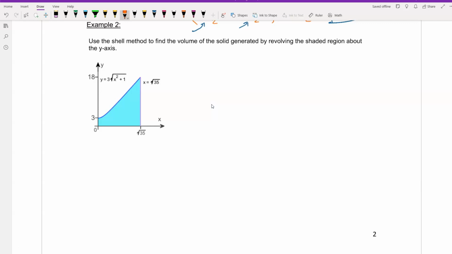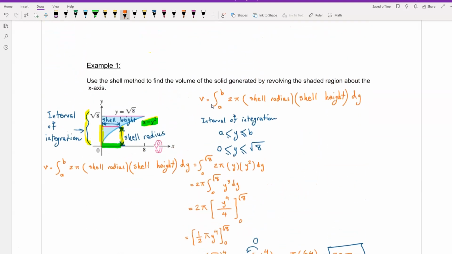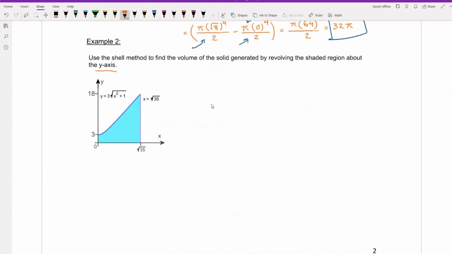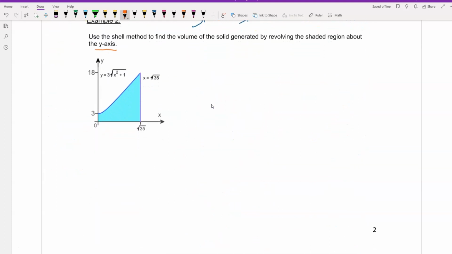So because of this, our volume is going to have times dx. Example number 1 was revolving above the x-axis. In that case, we had this part times dy, but here we're going to have times dx.